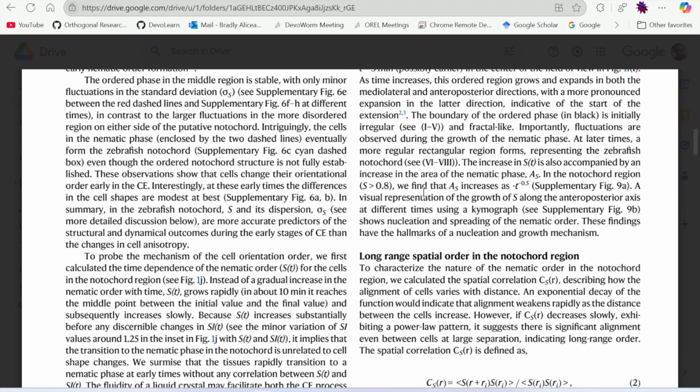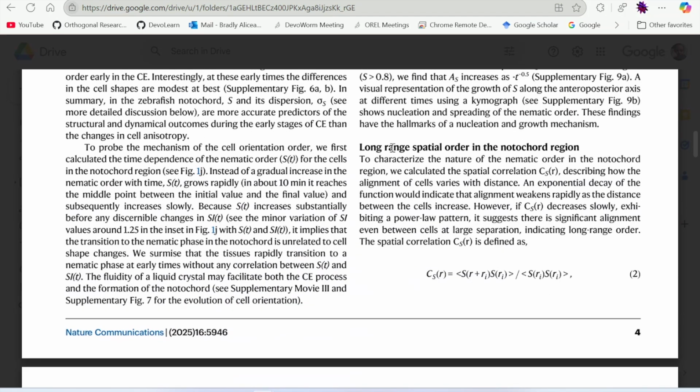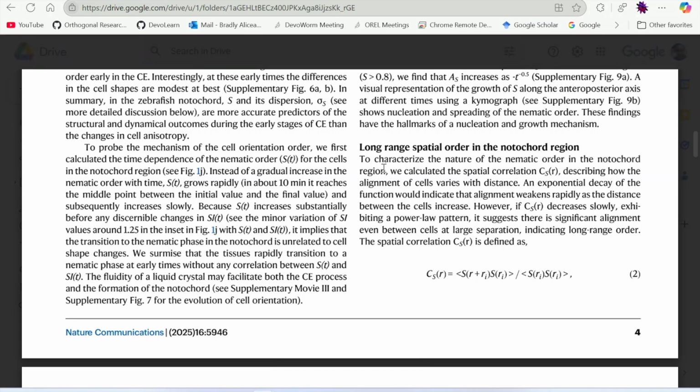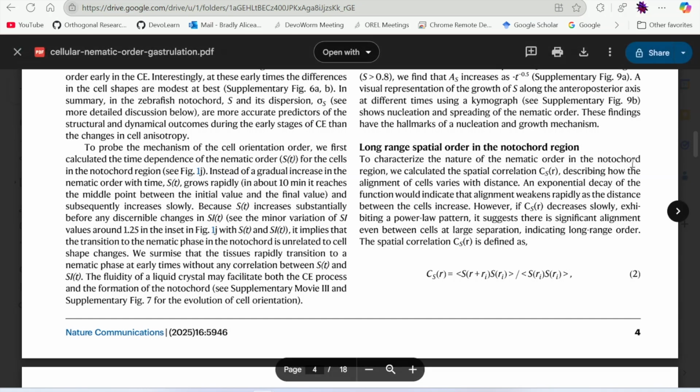So the last thing I wanted to talk about with respect to this paper is long-range spatial order. So they talk about this here to characterize the nature of nematic order in the notochord regions. This is a different area, a different thing that they're talking about. We calculated the spatial correlation, describing how the alignment of cells varies with distance.